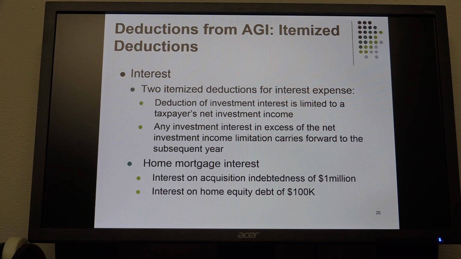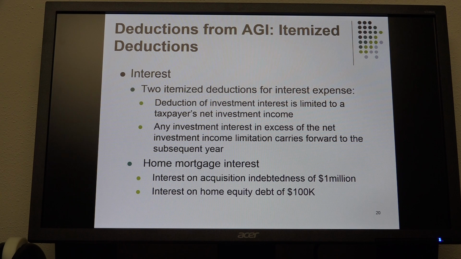In most instances, you get a loan on a home and you have to pay that loan back, principal and interest. Well, the interest you pay is deductible, at least on the interest that applies to indebtedness up to $1 million.